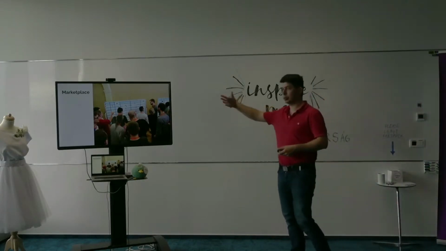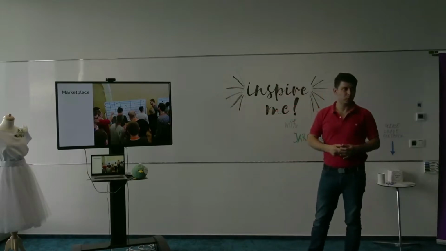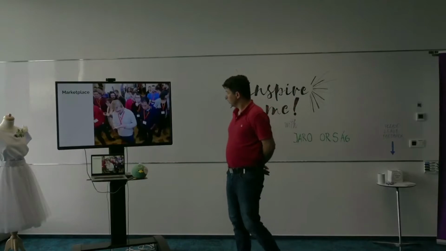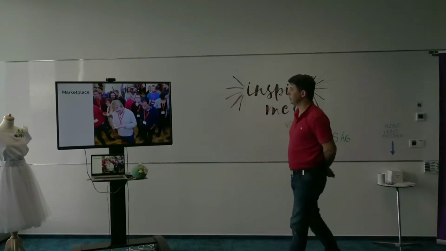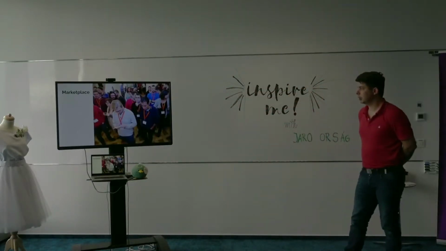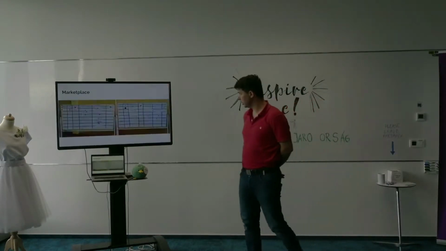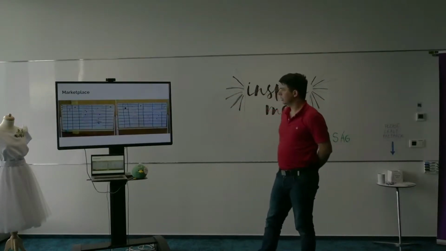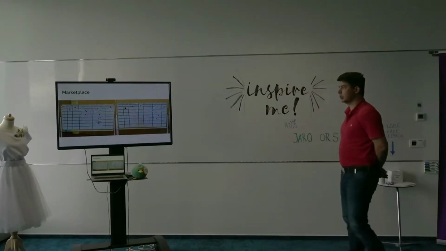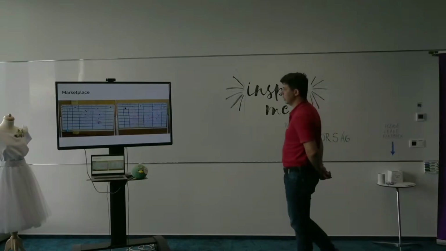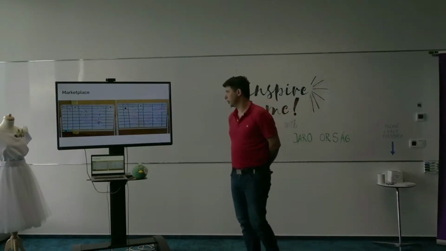So that's why this is called marketplace. There are a lot of discussions about how it will work, how the whole day will look. So here you can see the people who are planning their agendas for the upcoming day, looking at the topics. And here is the complete marketplace. On the left side, it's the morning program. On the right side, it's the afternoon program.